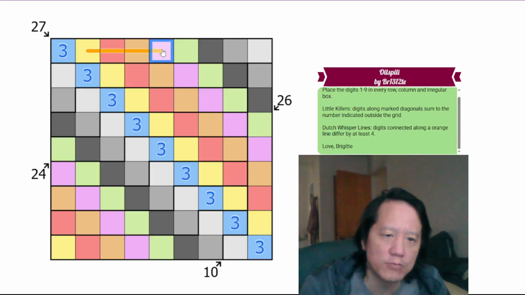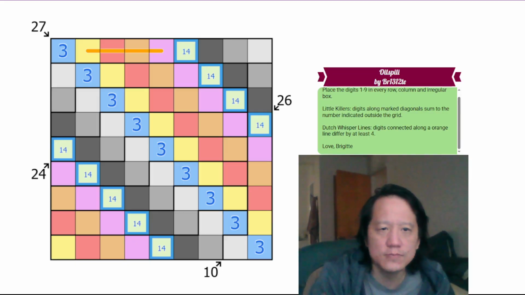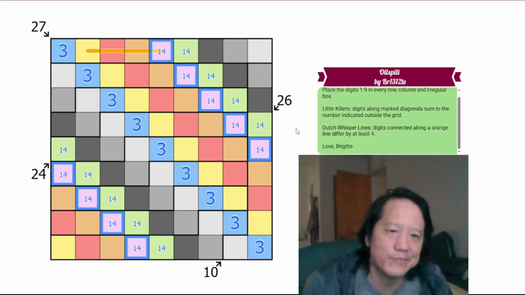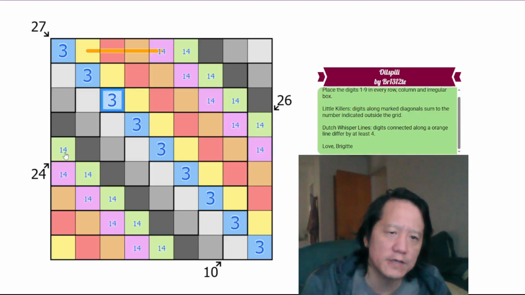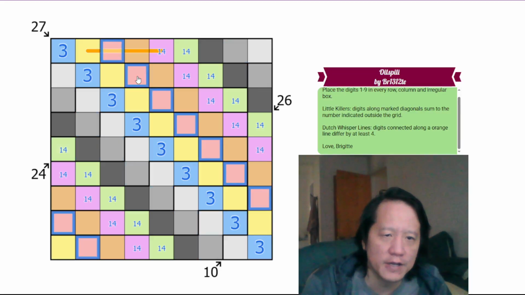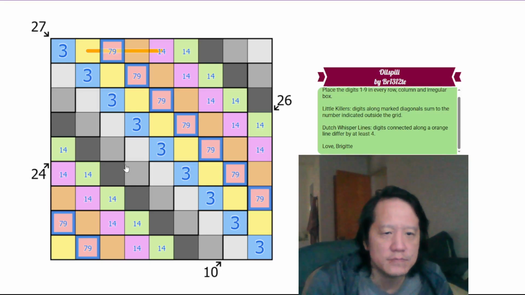That's 8, right? 24 minus 8 is 16. So that means medium and red have to be 7 and 9 to add up to 16.